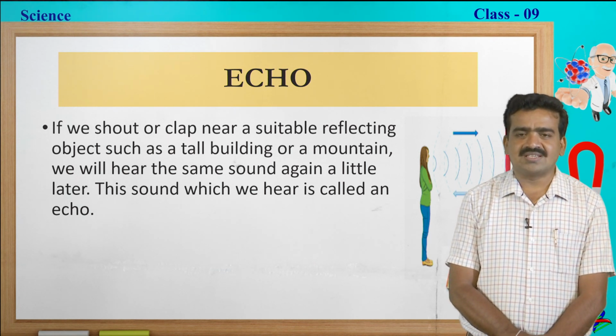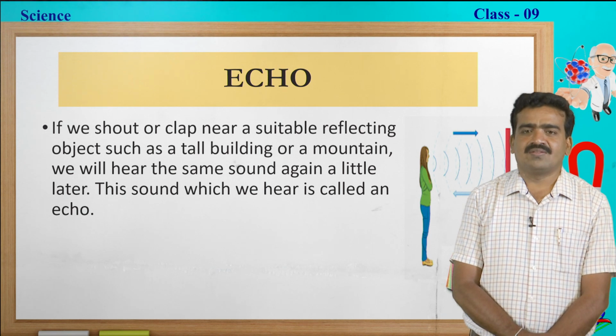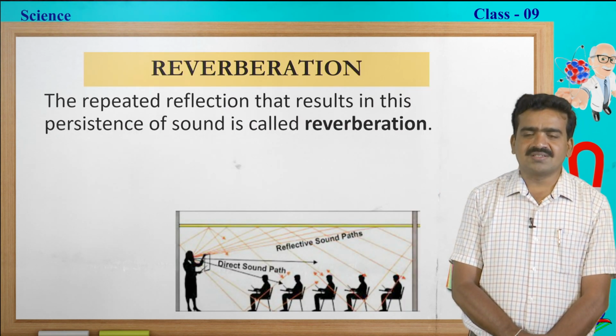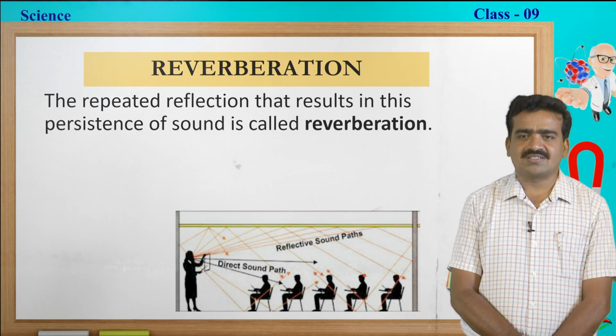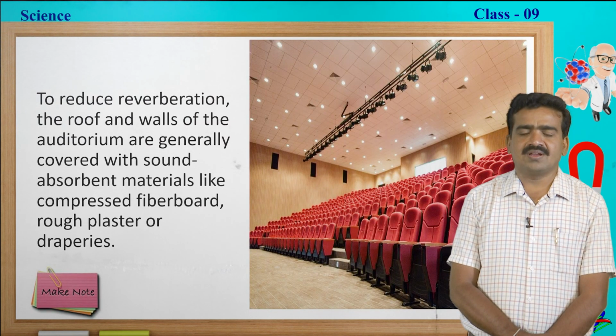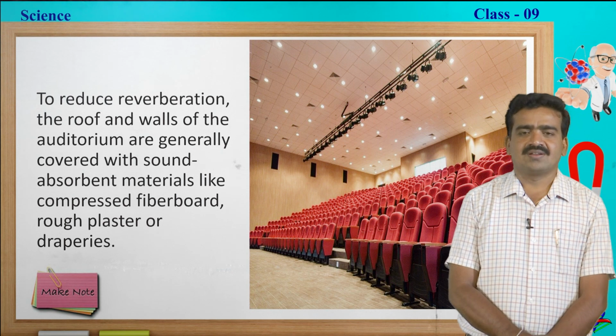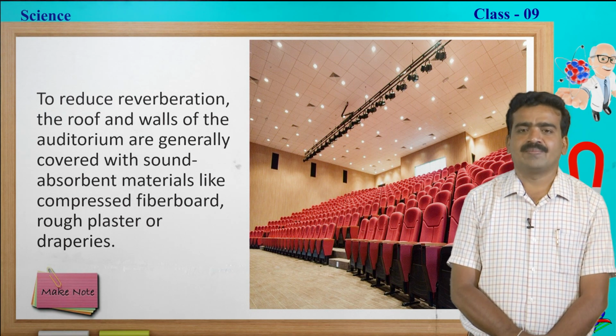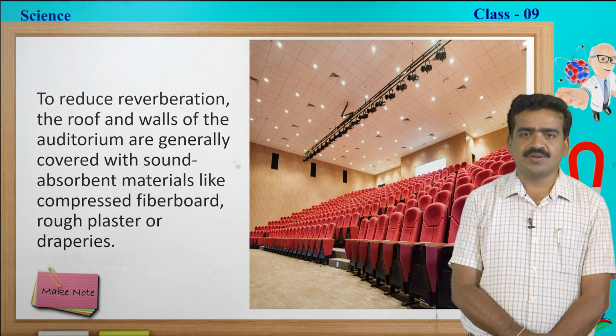You know that distance decides the formation of echo along with the sound. You know that reverberation is one of the effects of the reflection of sound. It is reduced by using sound absorbing materials in the cinema hall or the auditorium.